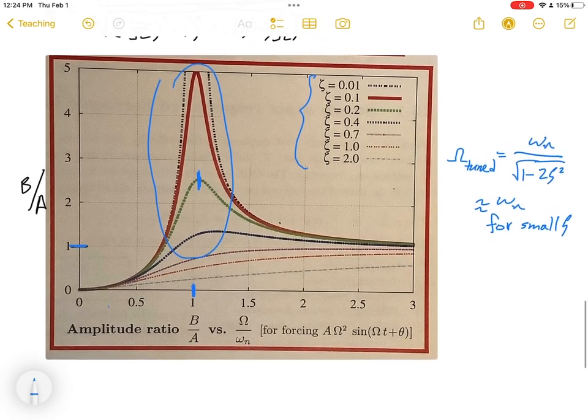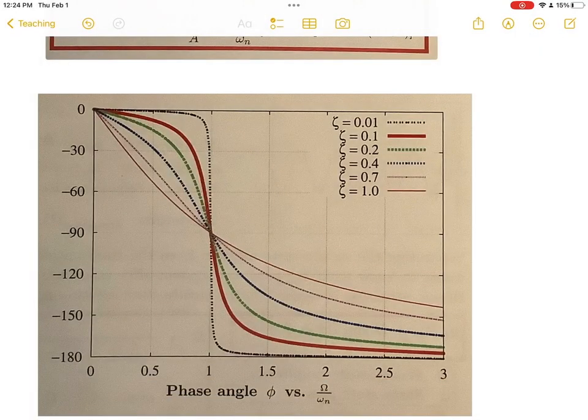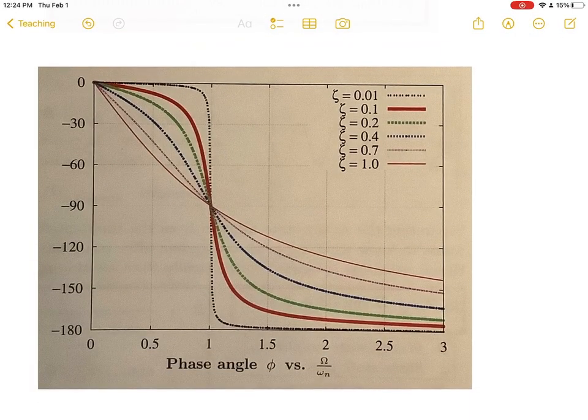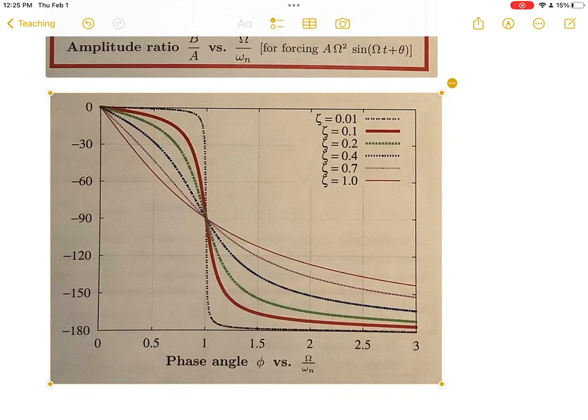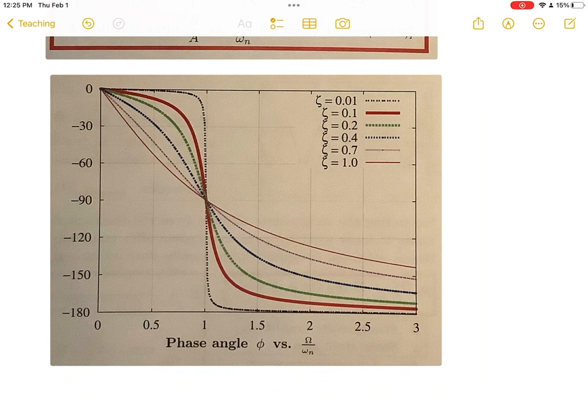We'll go ahead and add in another plot. We're looking at very similar quantities. We have capital Omega versus omega n on the horizontal axis, and we have that phase angle phi on the vertical axis here.